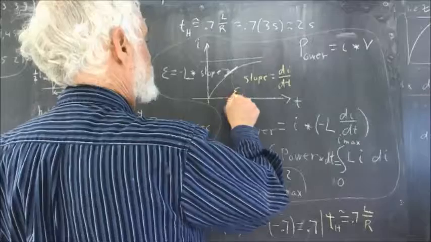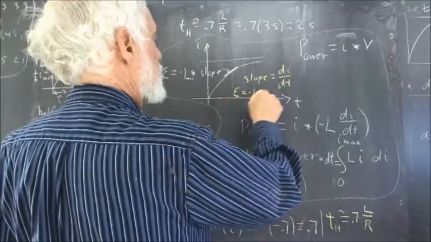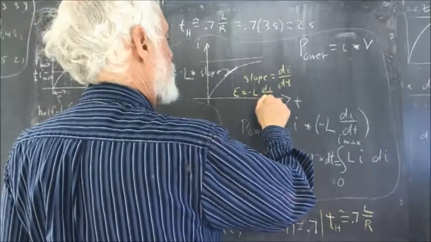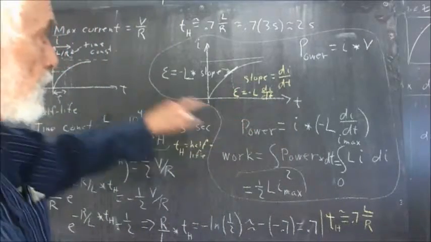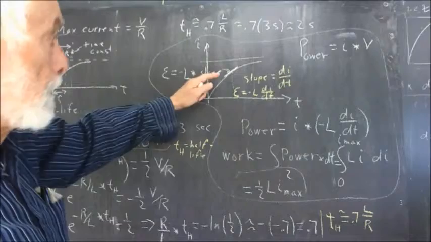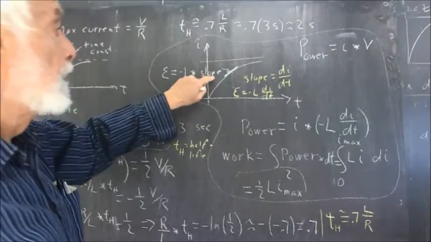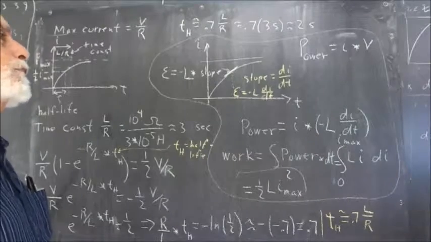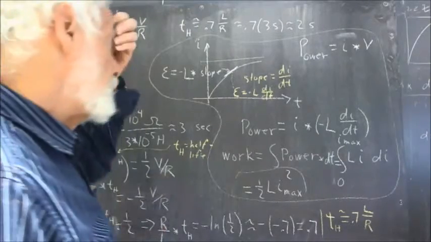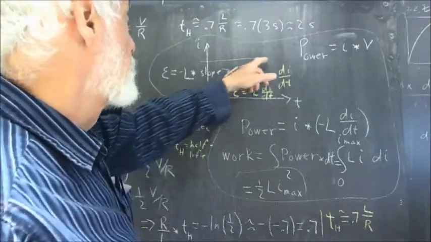We know that the EMF is negative L times di dt, so the EMF is negative L times this slope, the inductance times this slope. And you can think about visually determining how much work it takes to get from here to here.